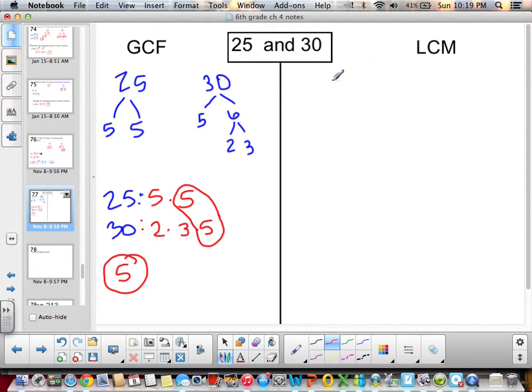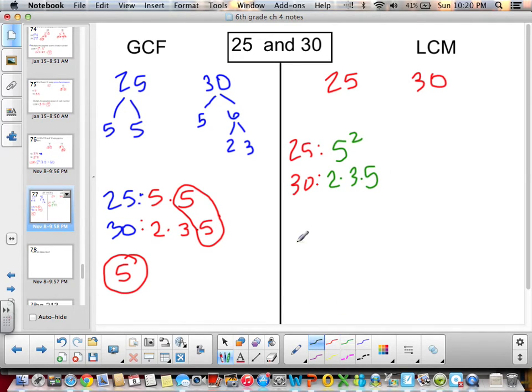For the least common multiple, if we have 25 and 30 and we just figured out the prime factorization, for 25 and 30, now I'm going to write it with exponents. So 25, the prime factorization is 5 squared. For 30, we have 2 times 3 times 5.